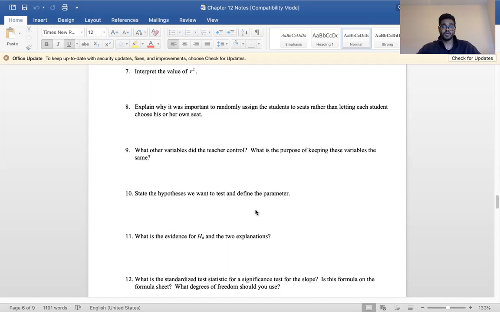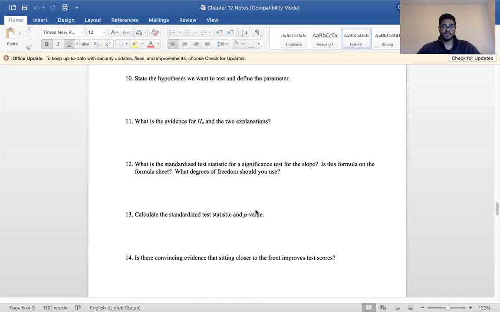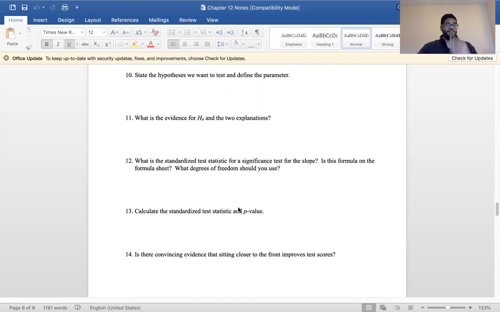So I'm going to jump to number 10, because it's where we're getting to some of the newer stuff. State the hypothesis you want to test and define the parameter. We can perform significance tests to determine whether a specific value of beta is plausible, or whether there's an association.